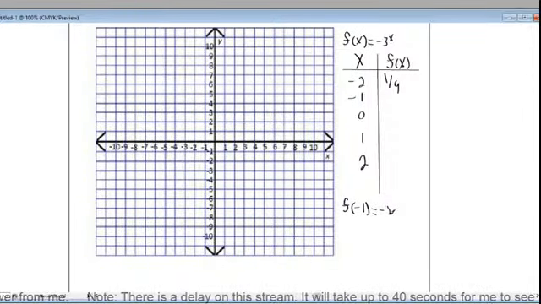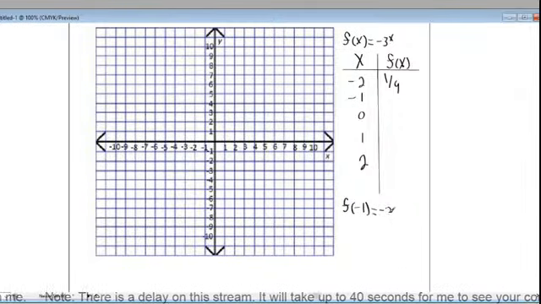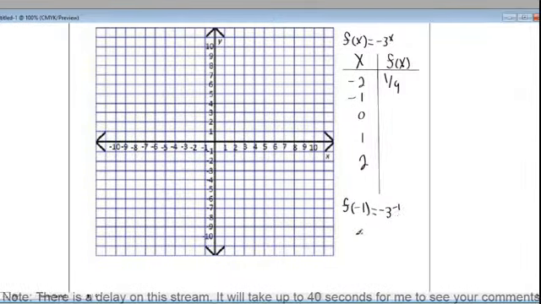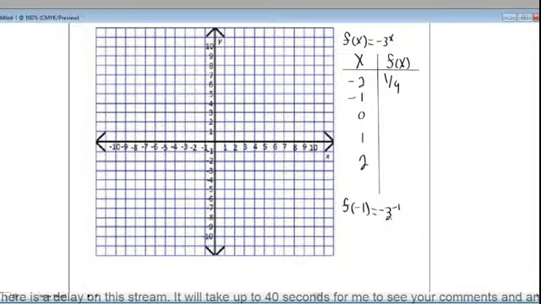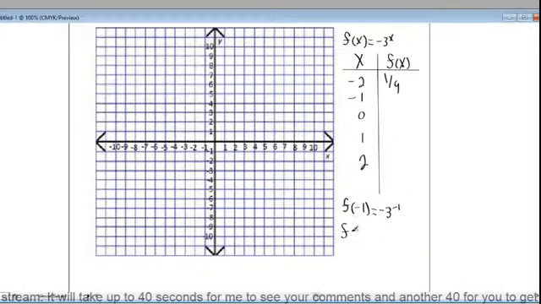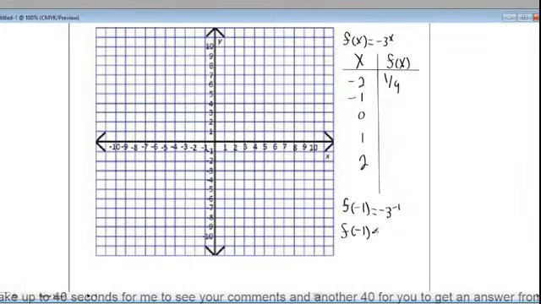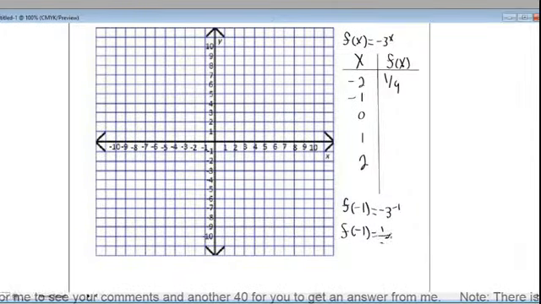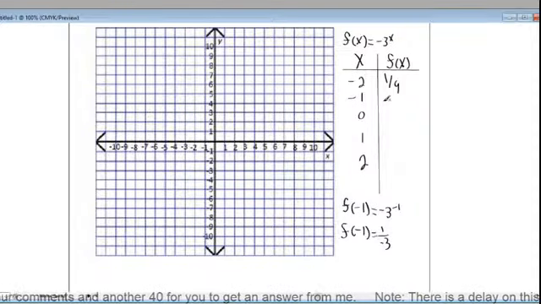So negative 3 to the negative 1, again, what this negative does is take the reciprocal. Negative 3, take the reciprocal of that, that's 1 over negative 3. So we have a negative then.